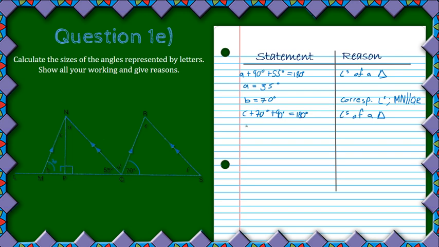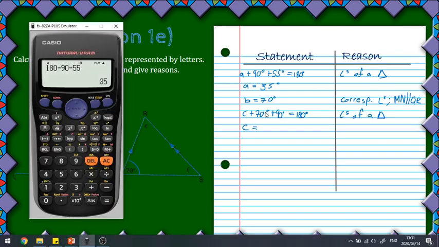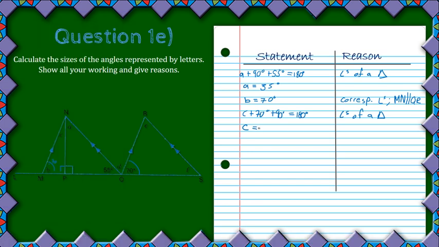And solve for C. So C then is equal to 180 minus 70 minus 90. This gives me 20 degrees. Okay, and then after C, we go on to D.